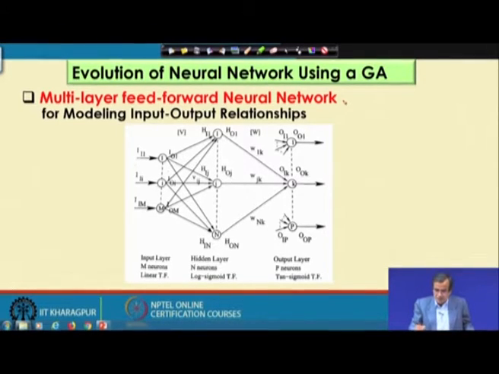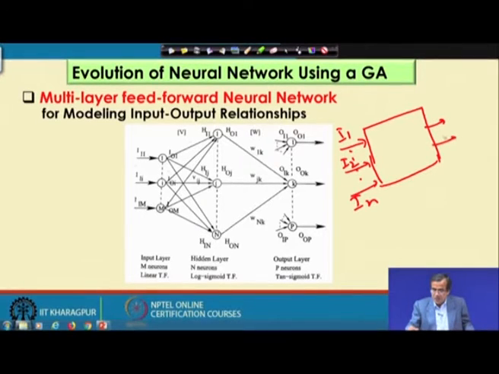Supposing that I have got an engineering process, and here I have got a few inputs like I 1, I 2 up to say I n, and a few outputs also. Now, our aim is to find out this input output relationship.